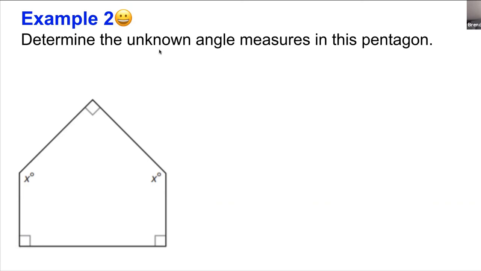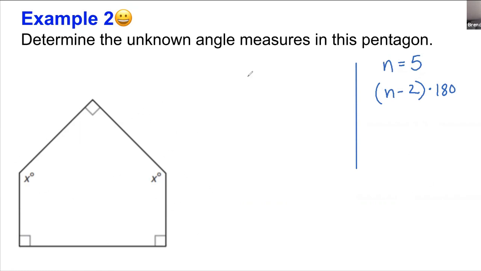Since we have a pentagon, a polygon of 5 sides, our n is going to equal 5 in this case. So n minus 2 times 180, the sum of interior angles, will give us the value for a pentagon.